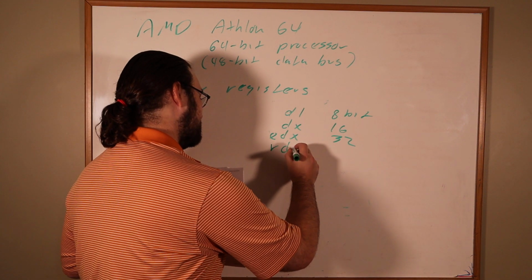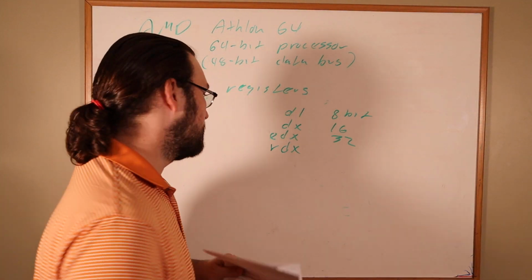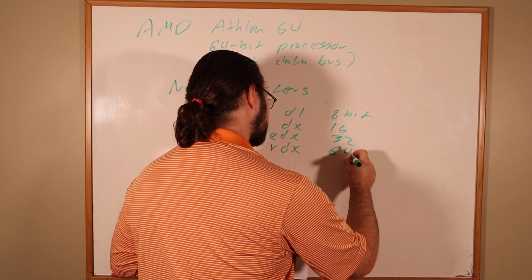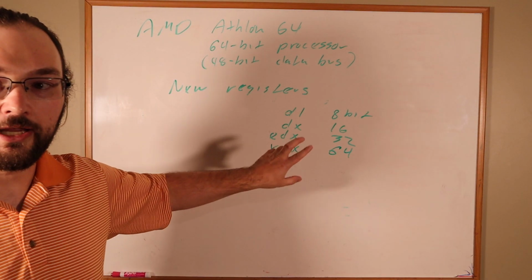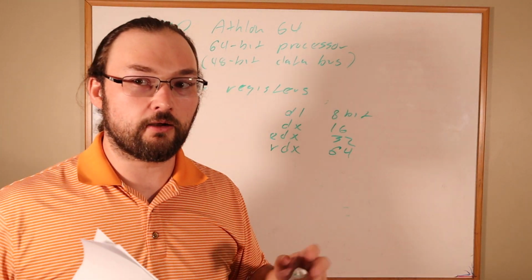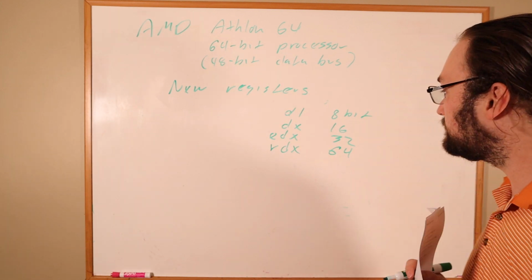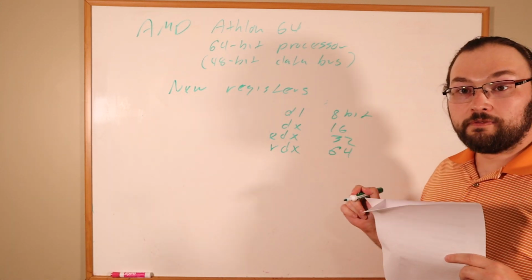I don't know where AMD came up with this, but we have the really extended register, which is the 64-bit version. But we have one more name for the register that is a wider version of it. The registers are actually 64-bit in hardware, and the names for the smaller pieces are just accessing the smaller pieces of them.